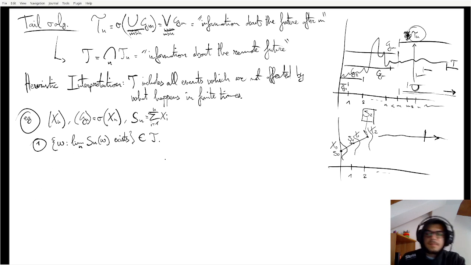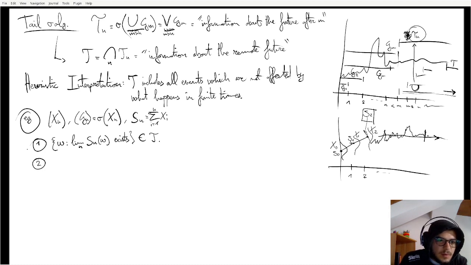We call it a tail event when it's an event that belongs to the tail sigma algebra. This process may go down, up, something like this.